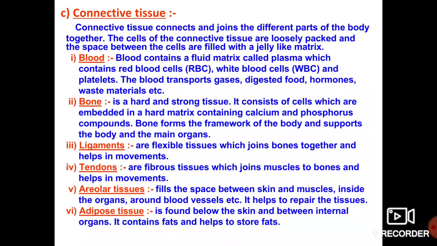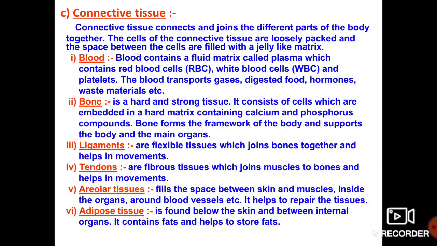This matrix is very helpful to link one cell to another cell, and it is the most abundant tissue in our body.